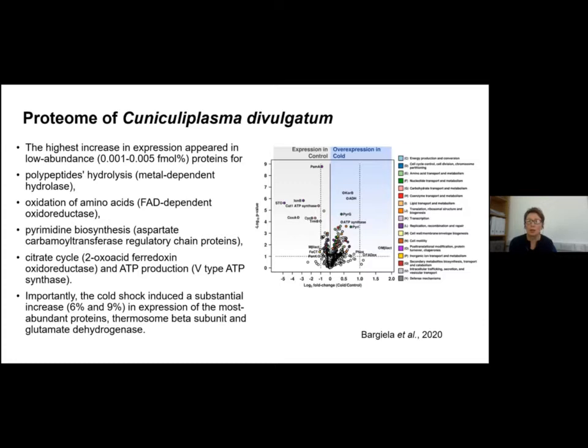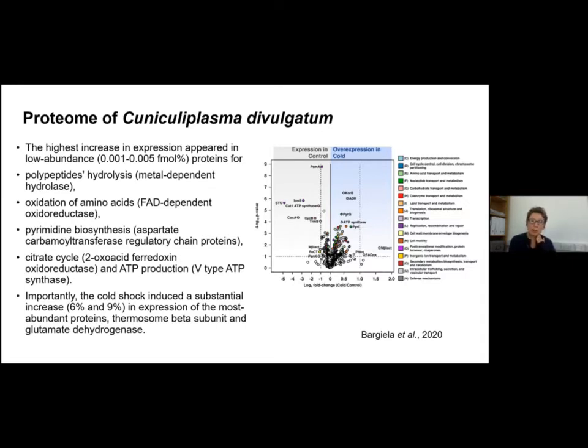For this, we put the organisms for 3 hours at 0 degrees, and we observed quite a high increase in expression of low abundance proteins. What actually were these proteins? They were proteins like metal-dependent hydrolase used for polypeptide hydrolysis, or FAD-dependent oxidoreductase for oxidation of amino acids.